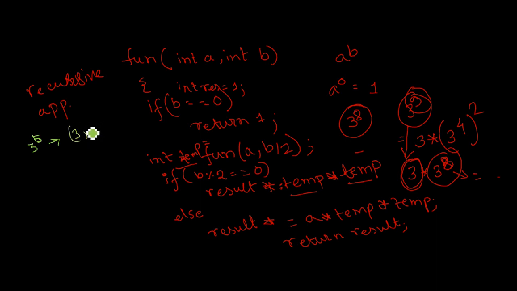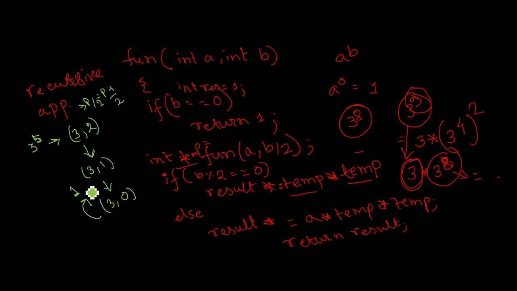So 5 by 2 is nothing but 2, because when we do p by 2 and p is an odd number, it calculates p minus 1 by 2. So 3 comma 2. Now 2 is even, so it will call the function 3 comma 1. Now again it will call the function 3 comma 0.